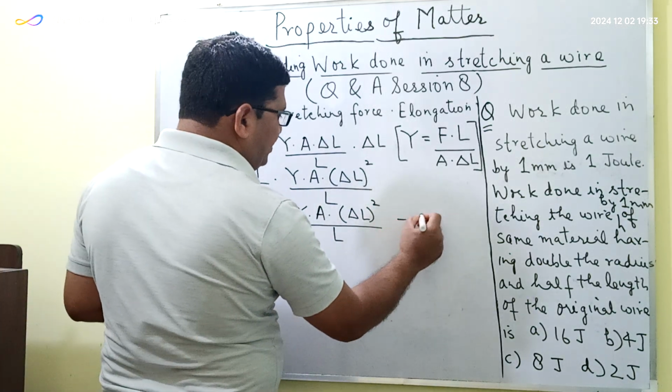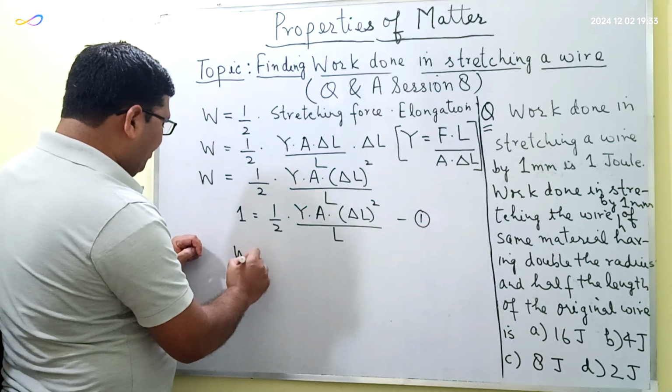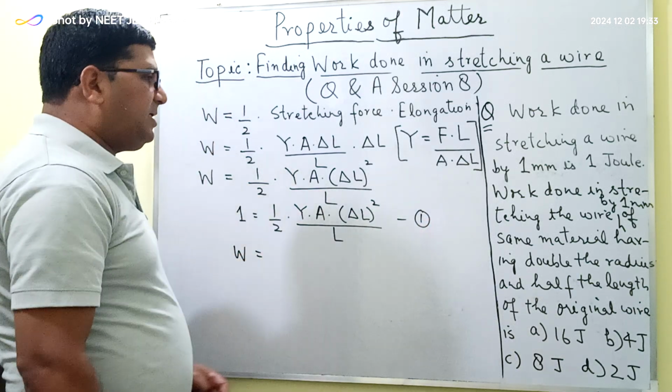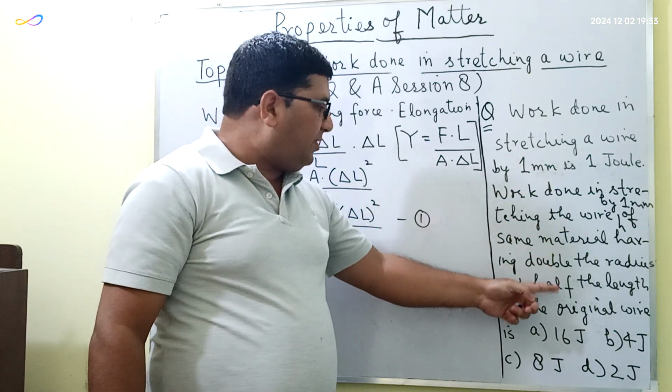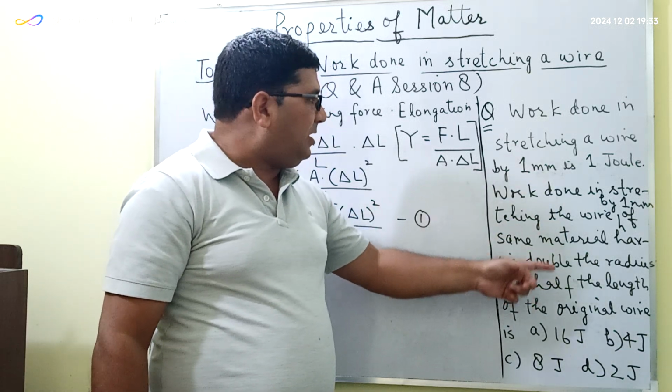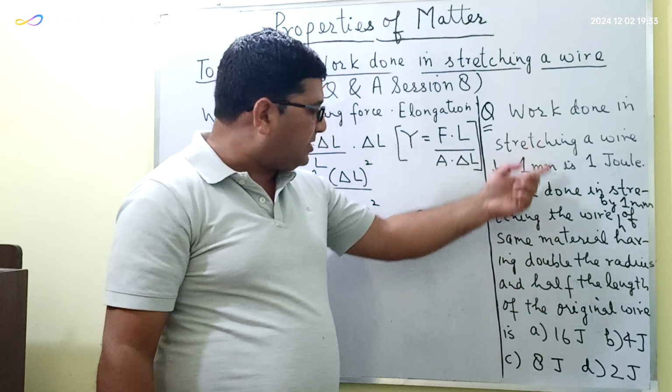So this is the first equation. Now in the second case, we have to find the work done. The material of the wire is the same. However, the radius is double and the length is half of the original wire.